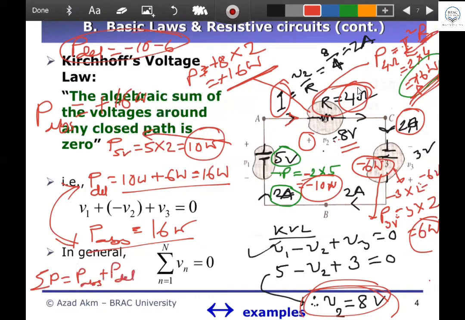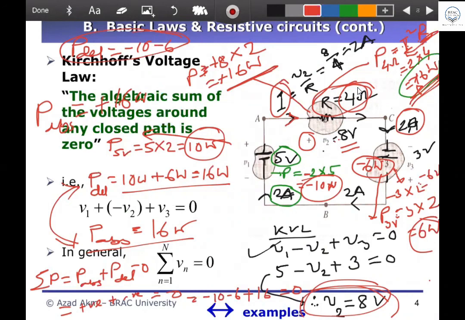So all positive and all negative power will be equal to 0, right? You can see that minus 16, minus 10, minus 6, plus 16, all will be equal to what? 0, isn't it? Yes, sir. So this is one way we can say that the summation of all these things is equal to 0.